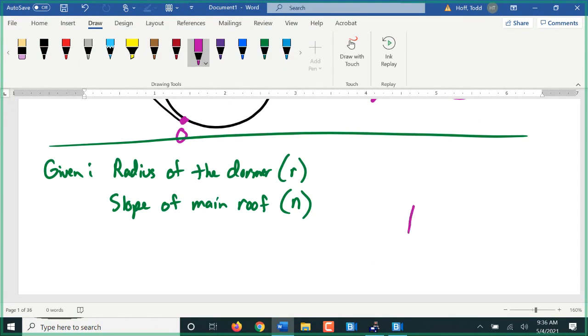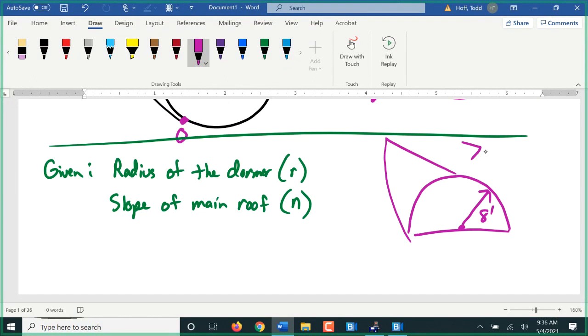So in other words, here's our dormer. Let's say we're being told that this has a radius of 8 feet, and that our main roof back here has a slope of, let's go 6 over 12.